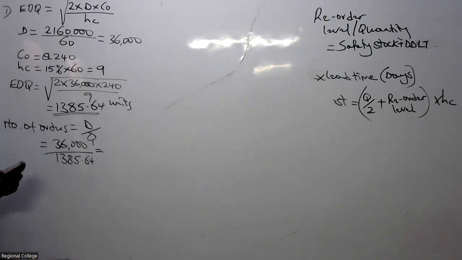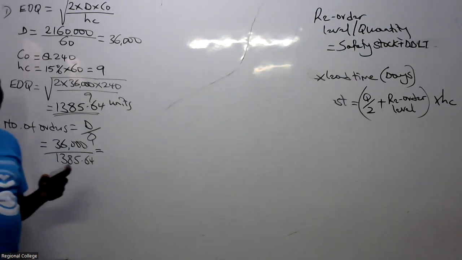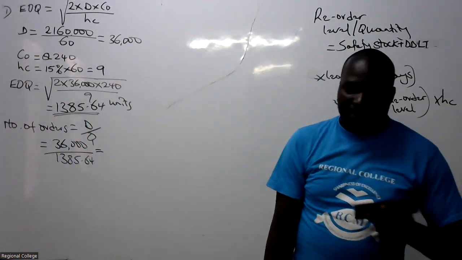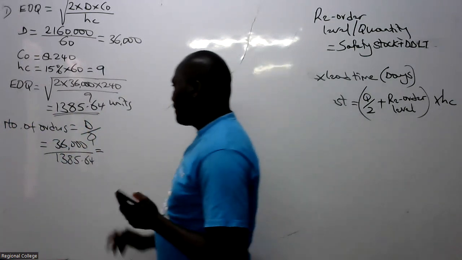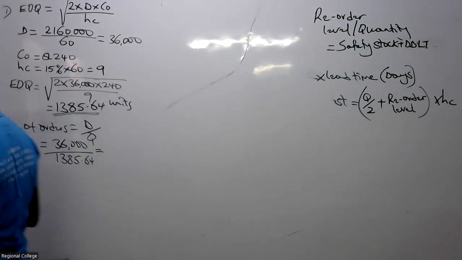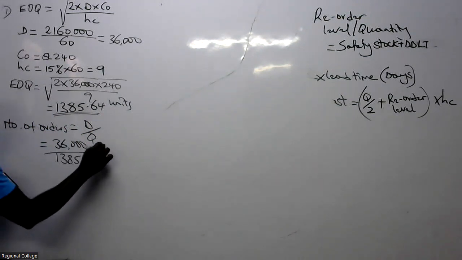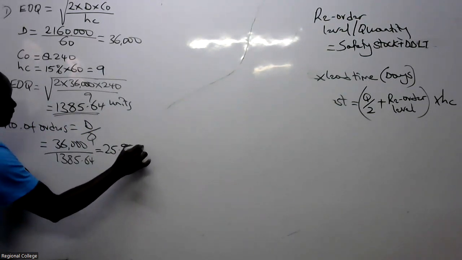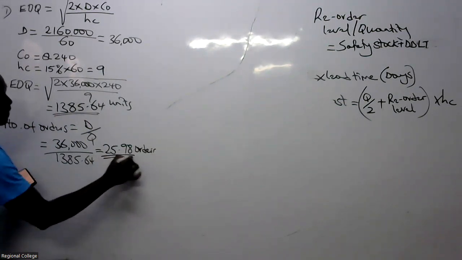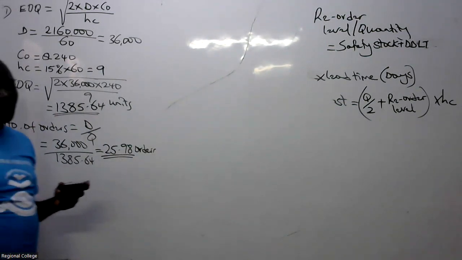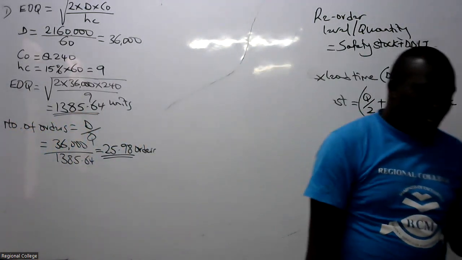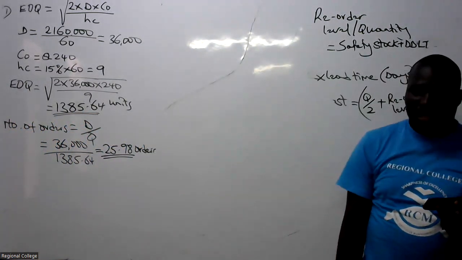How many orders are we going to make? 25.98, roughly 26 orders. That gives us the 1 mark.